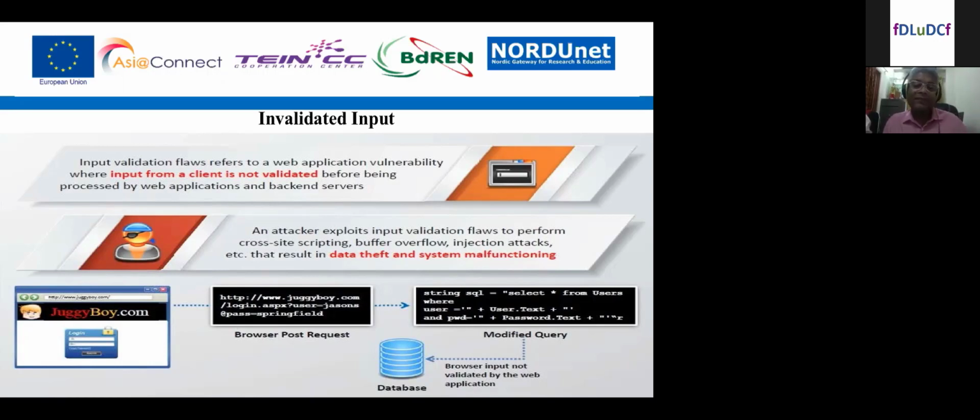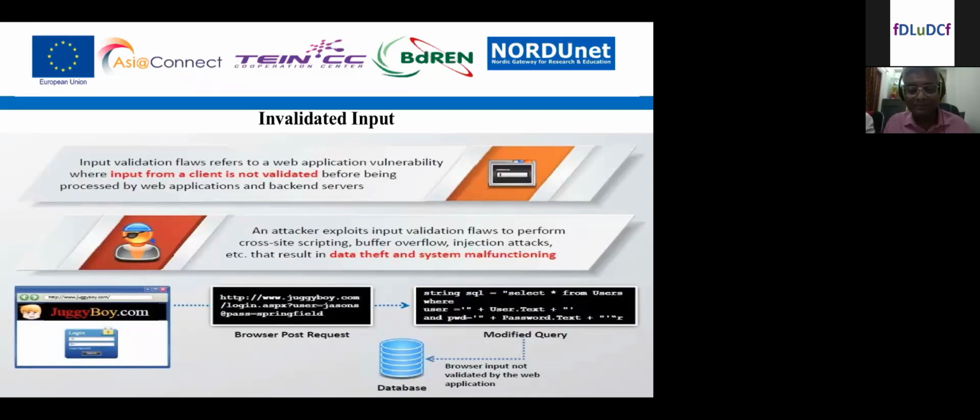If you get the message from the application, what does the attacker do? The attacker uses this message, messes with the HTML or CSS code, and tries to exploit it.